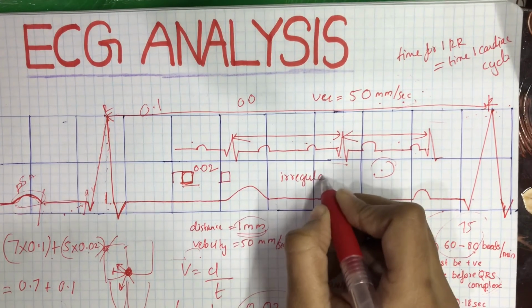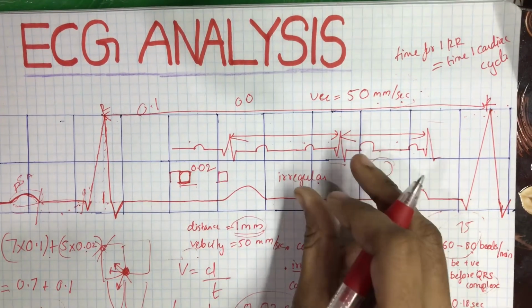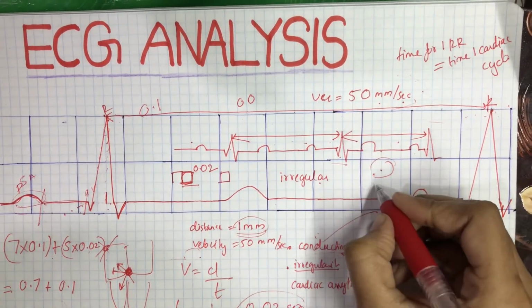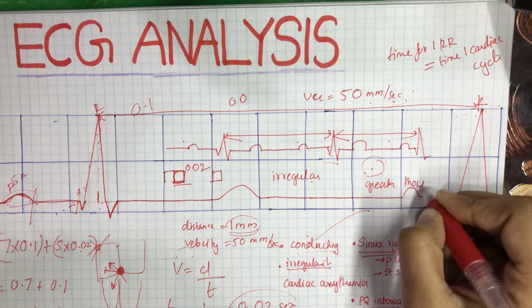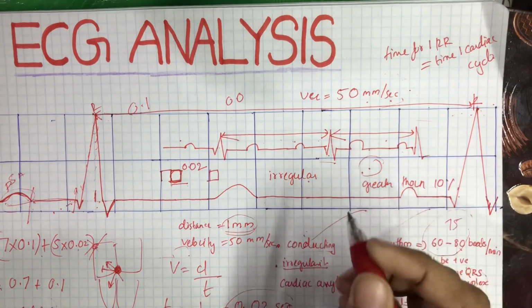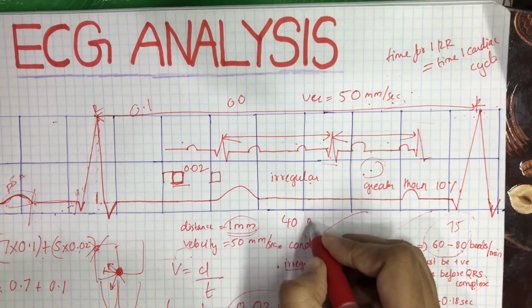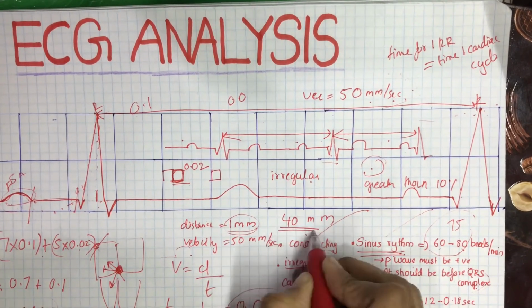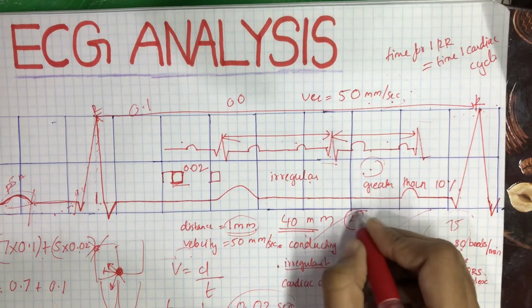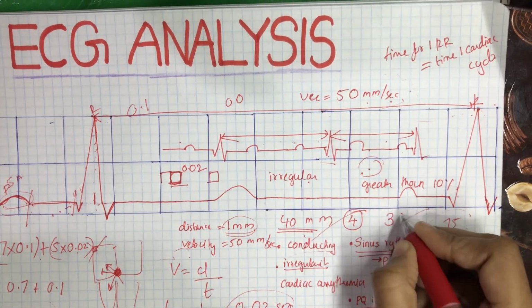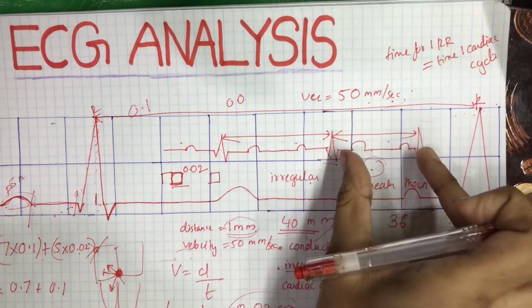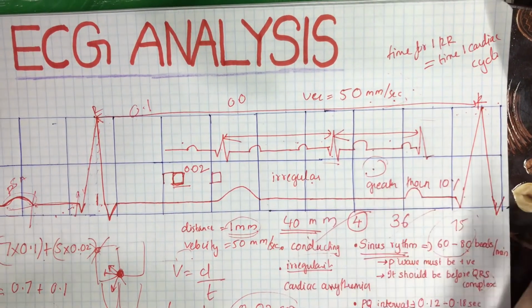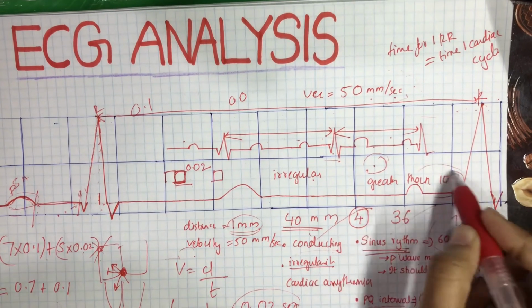We can tell irregular only when the change is greater than 10%. If the distance is 40 mm, then 10% is 4. If the first one is 40 and the second one is 36, then it's fine, because it is less than 10%.